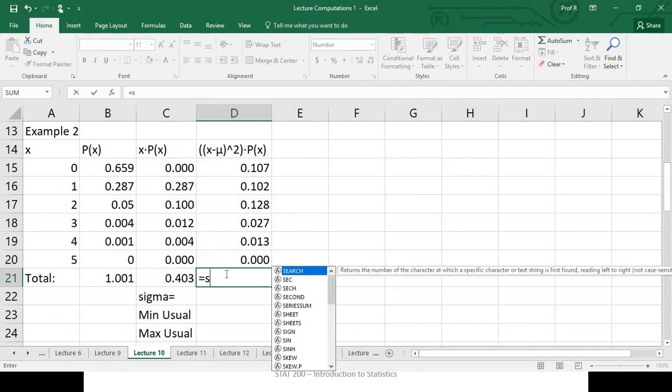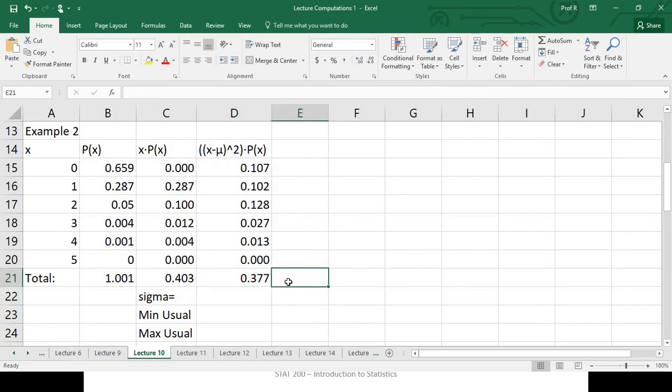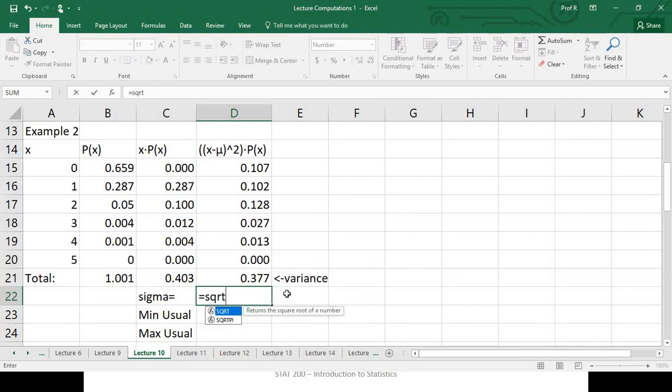So now we want to sum all of this to get our variance here. So that's our variance. This is our mean, that's our variance. So what is sigma? Sigma, again, is the square root of the variance. So I'm going to type square root of that and then close the parenthesis, and there we go.